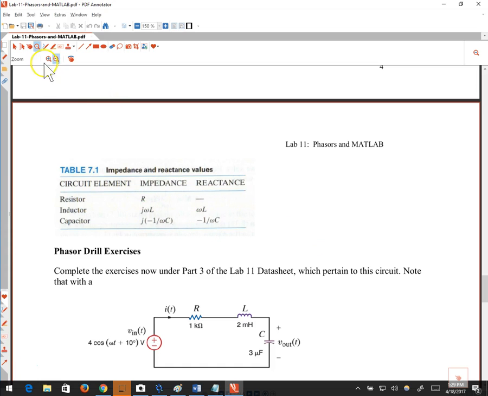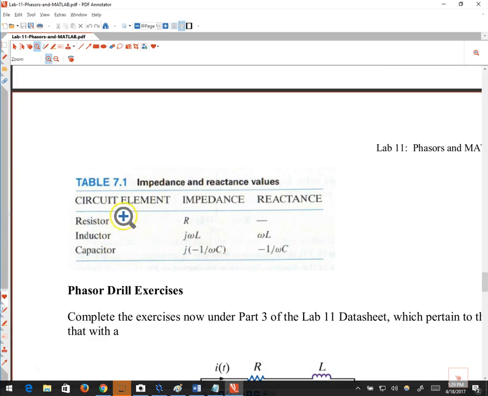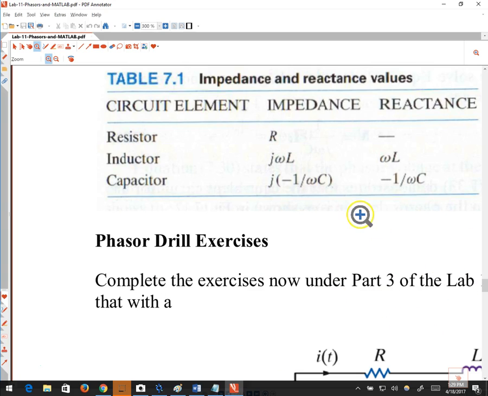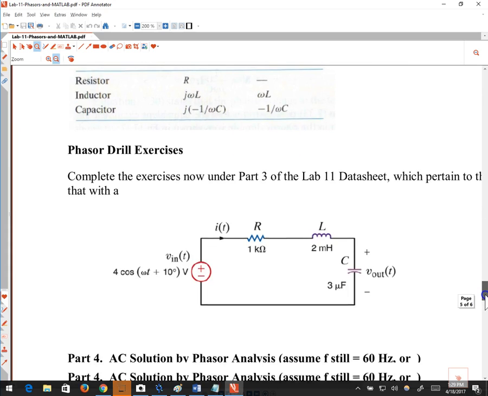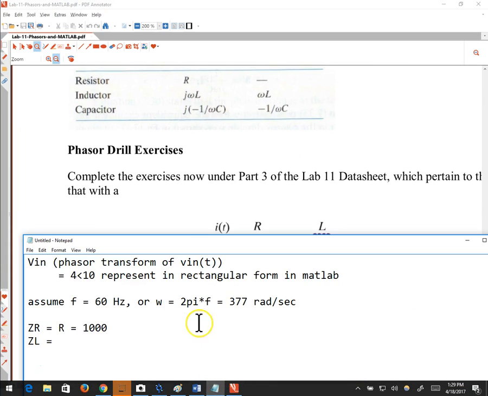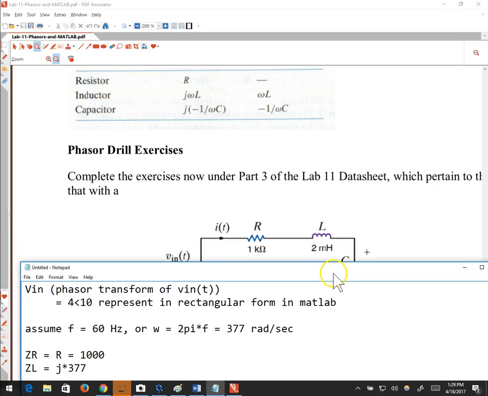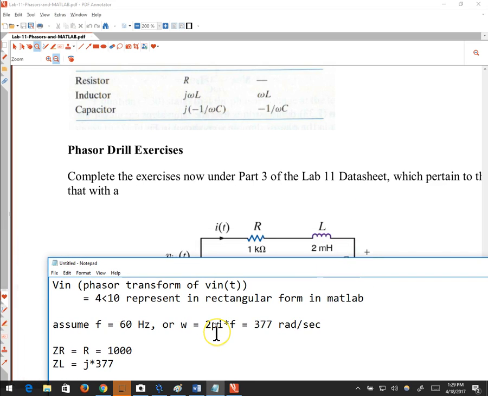So j omega L, is that too small? Let me make it bigger. So ZL is going to be j times 377, because that's our omega. And what's our L? 2 millihenries, so times 0.002. So that's an imaginary number.